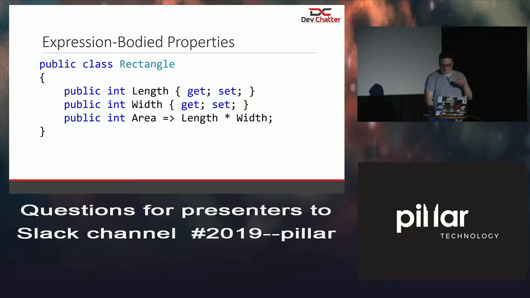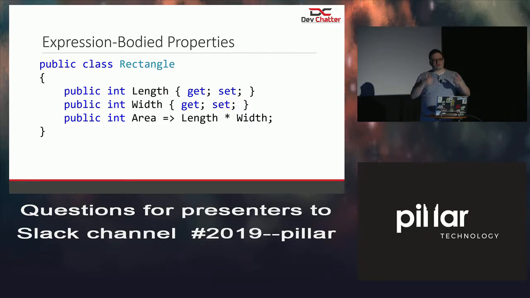Okay, so that's essentially what they are. They start to look a little weird because that equals greater than makes that little arrow there, which just lets you write it a little differently. It's nice for little helper methods when you need to get to a Boolean value or something.